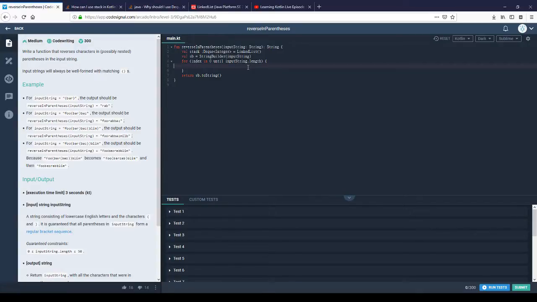So I'm using a stack to store the first index of the parentheses. I'm going to write it in 2 passes because I'm going to speed run rather than caring about the complexity.